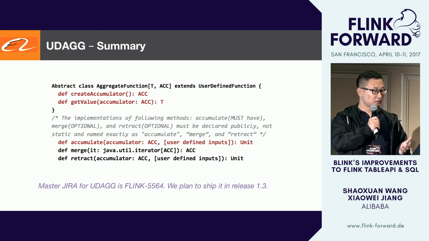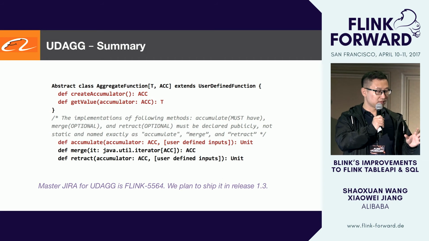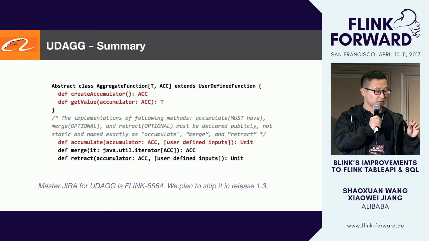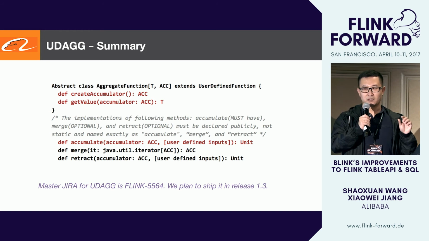By the way, I forgot one thing to mention: the part highlighted in red is a must-have function. That's the function that ensures the aggregation works. And merge and retract are optional functions, so you don't always have to provide them. But it's good if you provide them, because for instance, if you provide the merge method, the query optimizer knows, okay, this one provides merge.